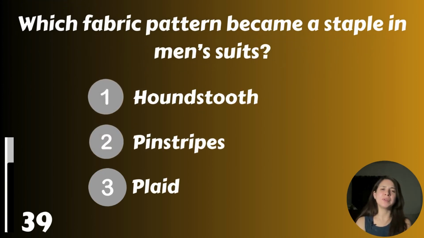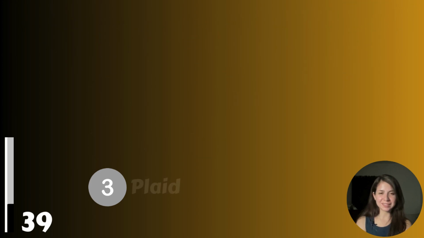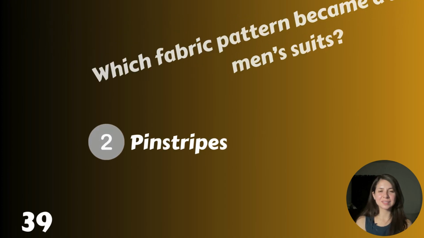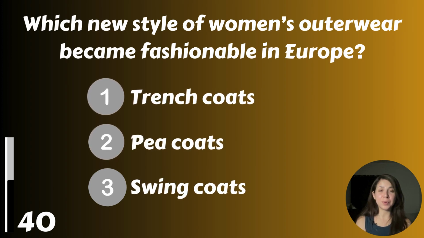Which fabric pattern became a staple in men's suits? Houndstooth, pinstripes, or plaid? Pinstripes. Which new style of women's outerwear became fashionable in Europe? Trench coats, pea coats, or swing coats?